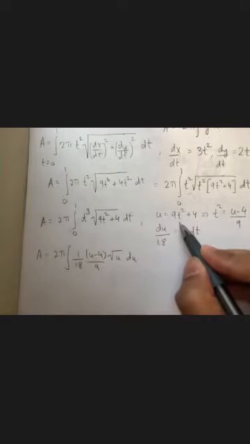Then we have u minus 4 over 9. Now if you want to put the bounds, those should be the bounds for u. So when t is 0, u is 4.